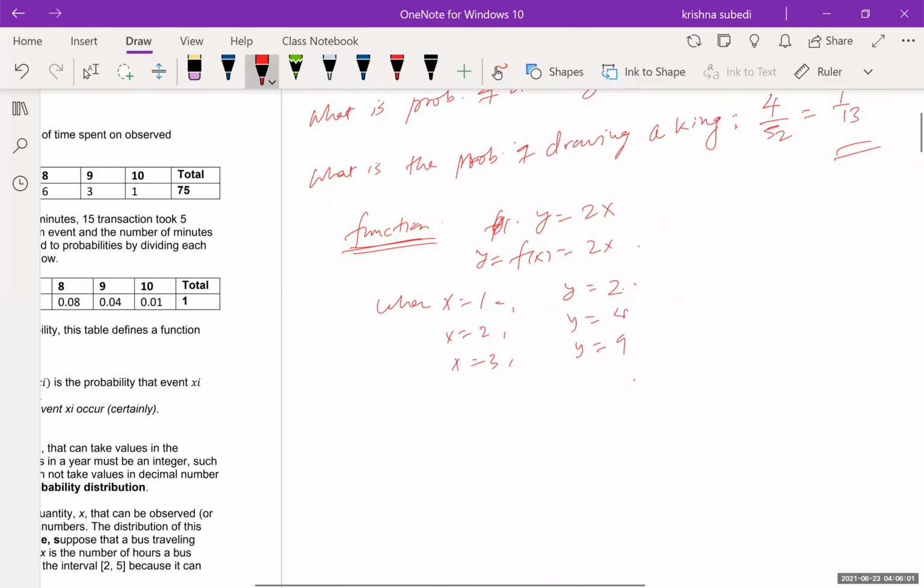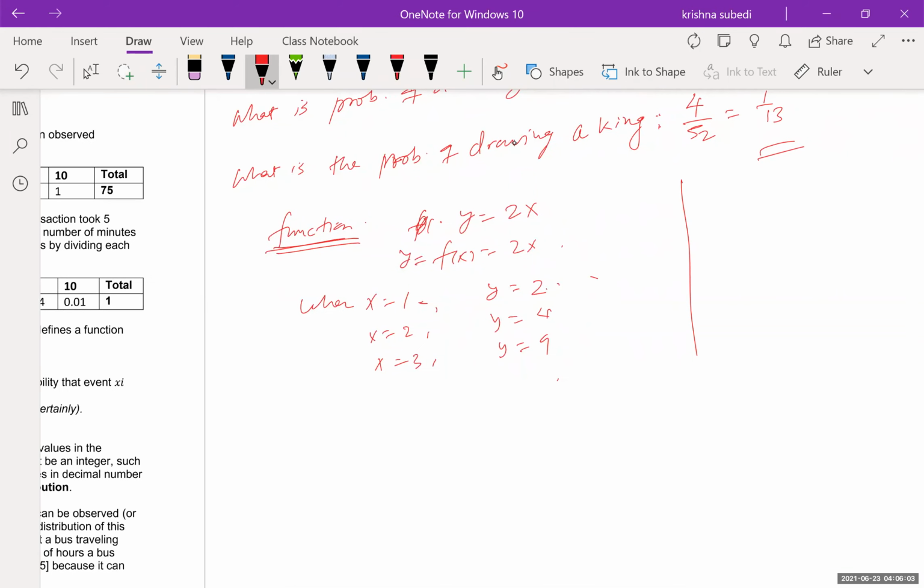And if you draw the graph of y equals 2x, this is the graph.